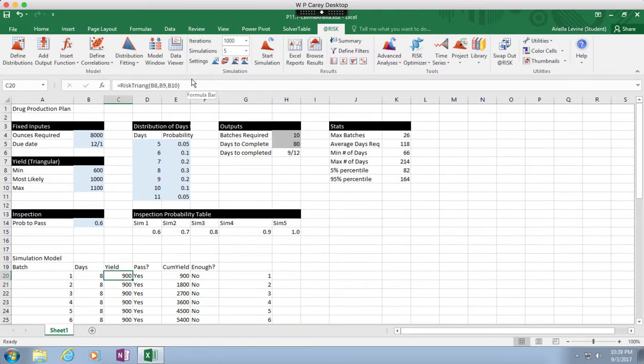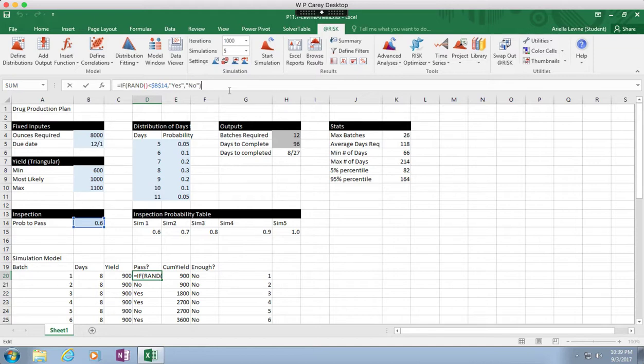Now I've got a second unknown: what am I going to produce from each batch? So I've got a risk triangle set up saying, take these 3 values and give me back a variable in between for what my most likely yield is going to be. Next, I have to say, is this batch going to pass the test?